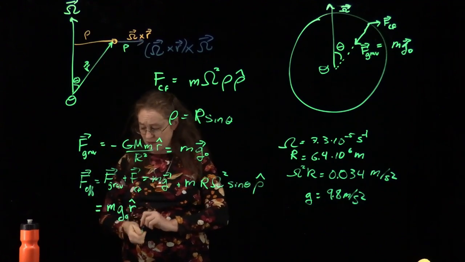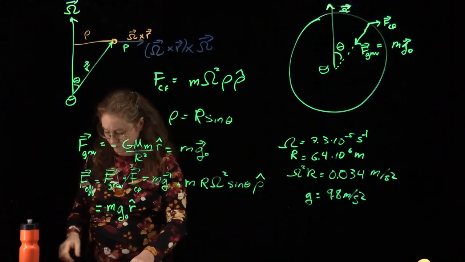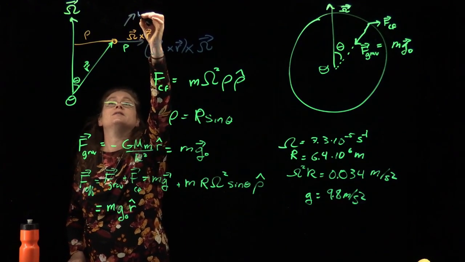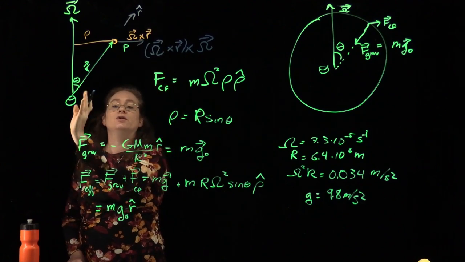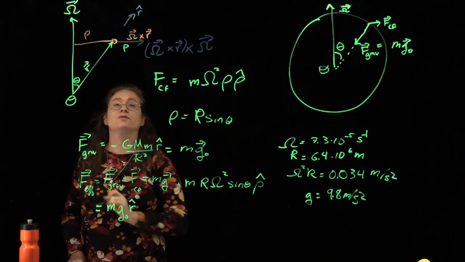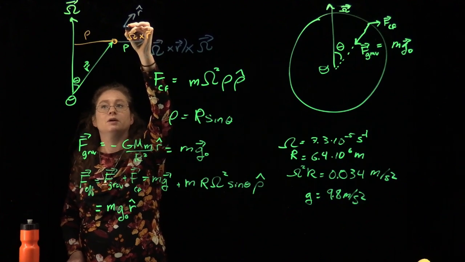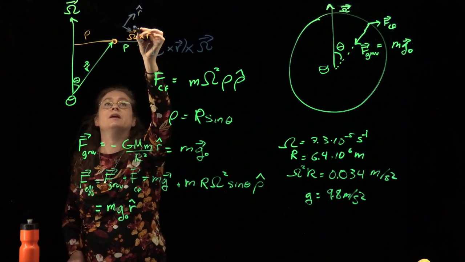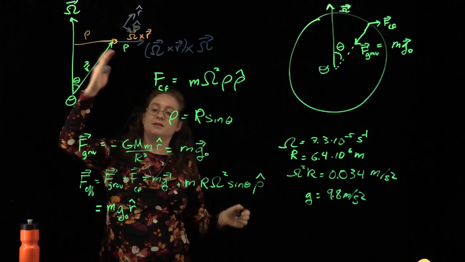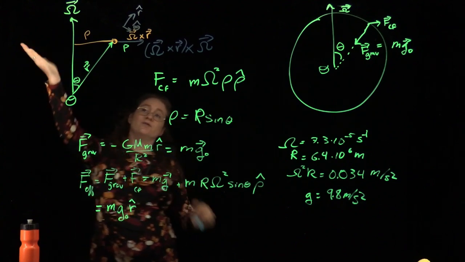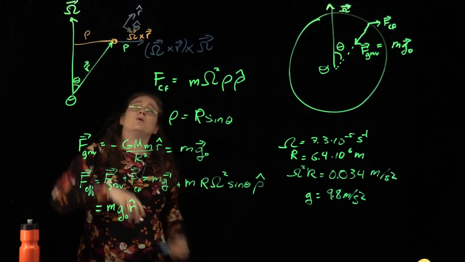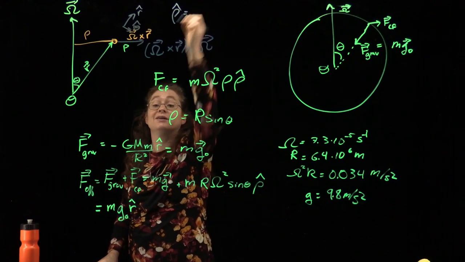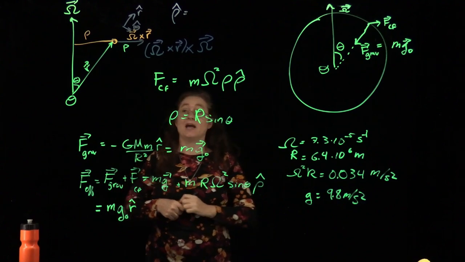If I draw my unit vectors, r hat is here. The unit vector by convention is in the direction of the increasing variable. And my theta hat is going to be like this, because it's the direction of increasing theta. So now I want to write rho hat in terms of r hat and theta hat.